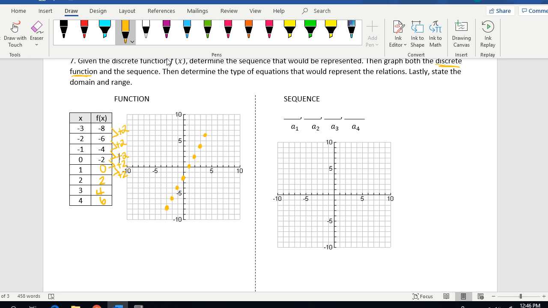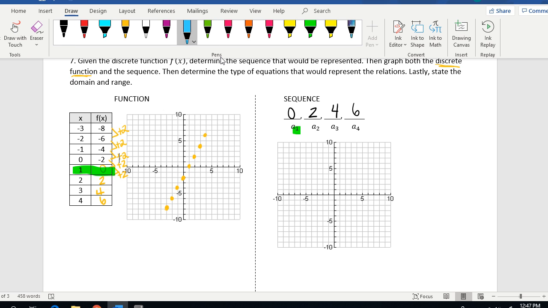All right. Now, the difference between a discrete function and a sequence is a sequence always starts with the first term. So my first term here is when my x value, or my n, is 1, my y value is 0. And then a sub 2 is 2, a sub 3 is 4, a sub 4 is 6.